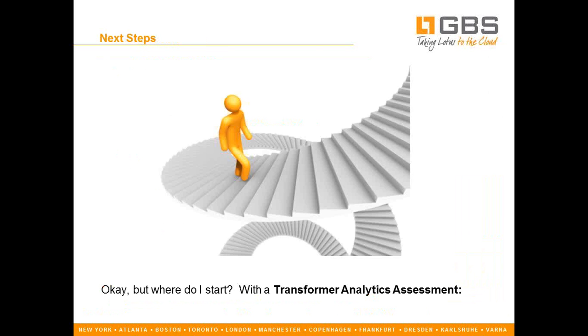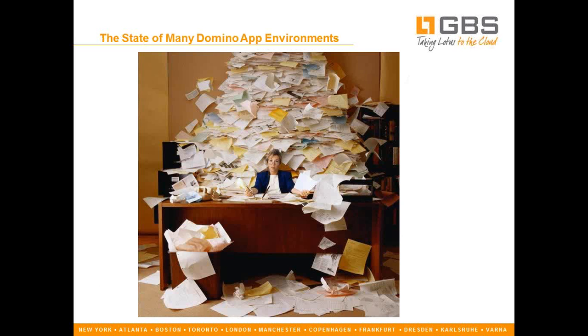Okay, so next step, how do you start with GBS in engaging with us to implement any transformer process and project? We start with the transformer analytics assessment. As an example, in many organizations around the world that have implemented Domino, and this actually speaks to one of the strengths of the Domino platform, because Domino is such an easy-to-use rapid application development tool, and depending on corporate IT policy within some of these organizations, end users actually have the ability to create applications themselves.